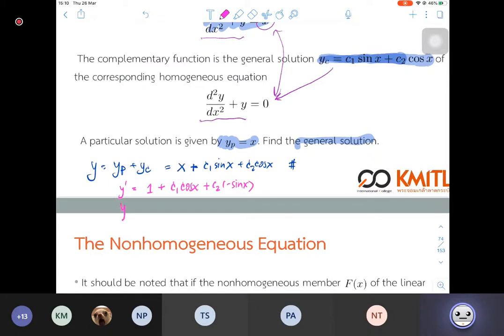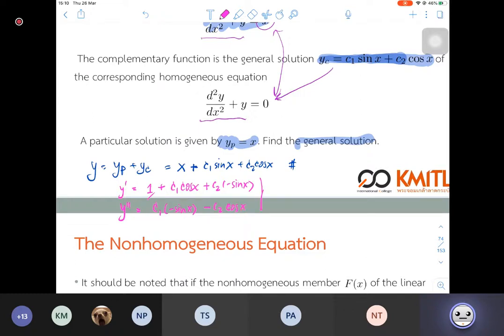Okay, and we need to find the second derivative. So this is a constant, we get a 0. And then we have c1 times minus sine of x minus c2 cosine of x, right?